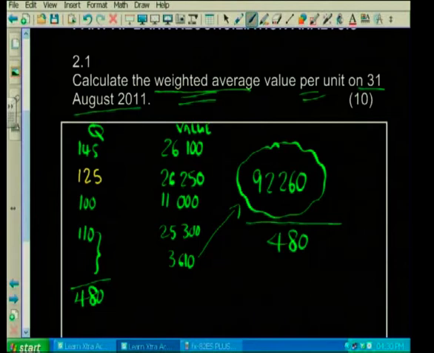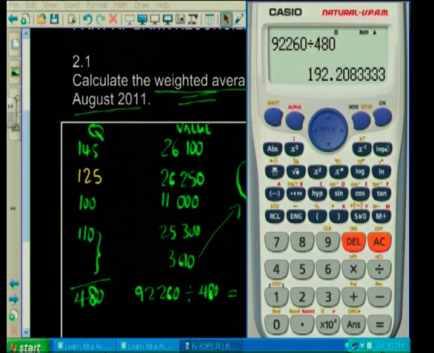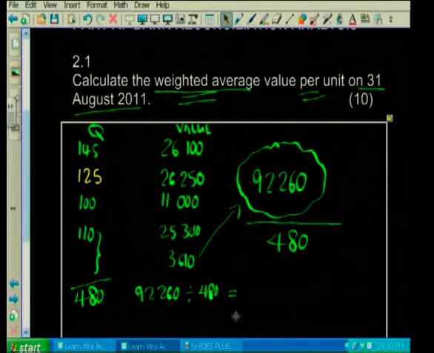Okay, and when we divide this here, therefore, we take 92,260 divided by 480, and my answer for this one here is 192 Rand and 20 cents.